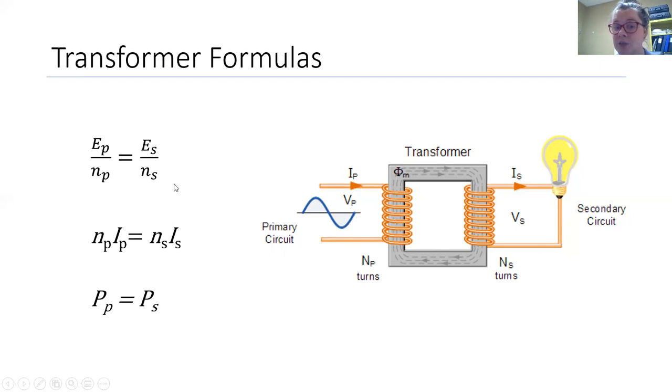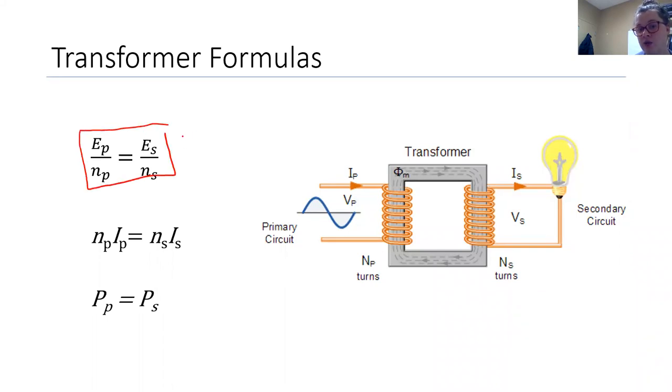So you'll notice this ratio is set up just like a direct ratio. The first one relates voltage and the number of turns. This is a direct relationship. You'll notice it's set up like 2 division problems.